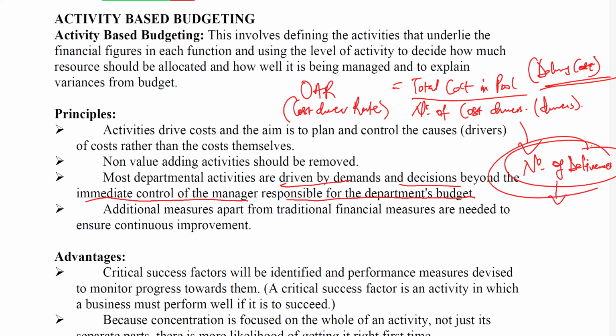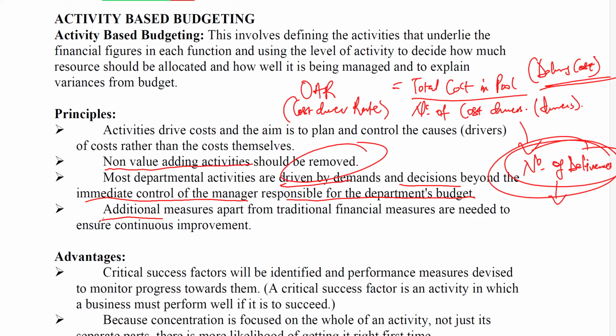Yes, for instance, number of deliveries you cannot control, right? It depends on what you want to do. So there are some costs and drivers which cannot necessarily be controlled by the manager who is responsible at a particular time, right? So that is why you must look at those which are value adding and keep them, and those which are non-value adding must be eradicated.